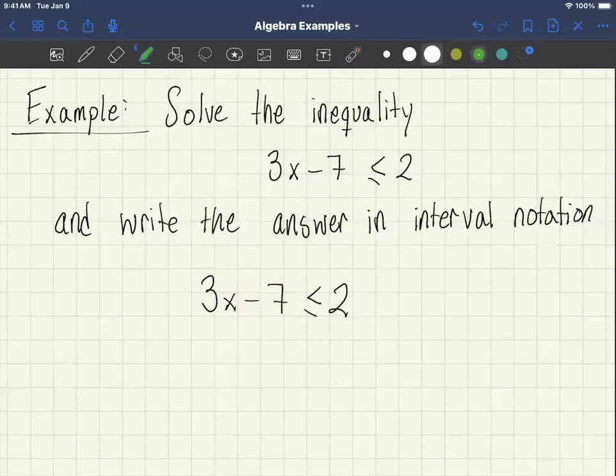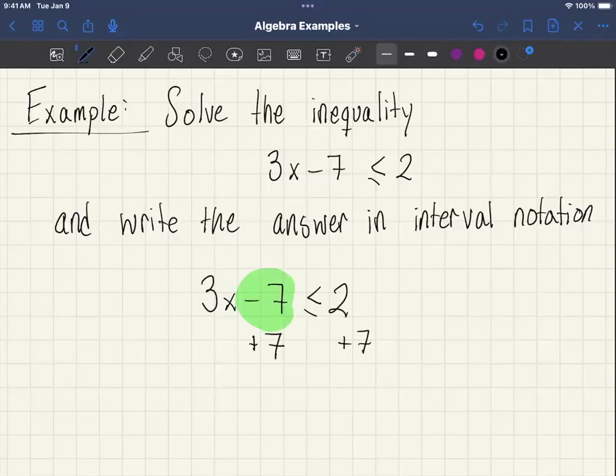When you're working with a problem like this, you always want to start by getting rid of the addition or subtraction part first, right? So to get rid of it, we want to do the opposite action. So instead of subtracting, we are going to add, and we're going to use the same number. So remember, same number, opposite sign.